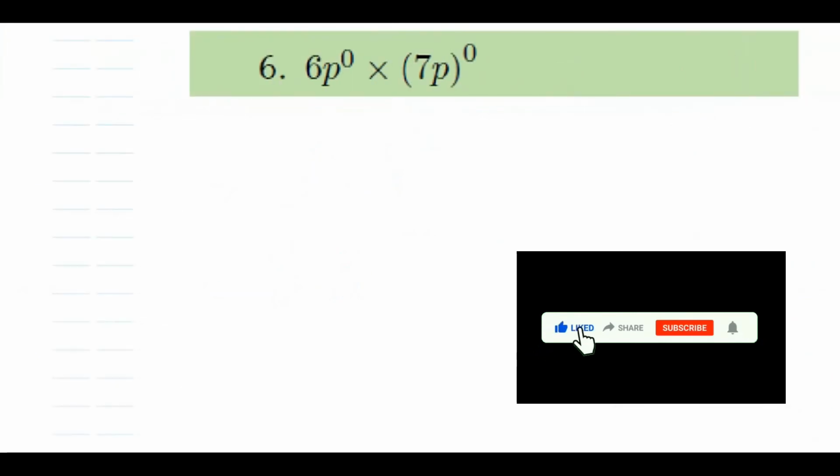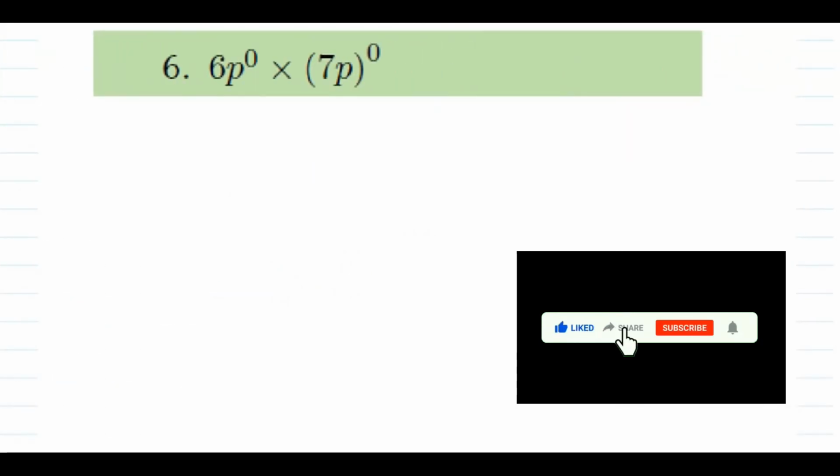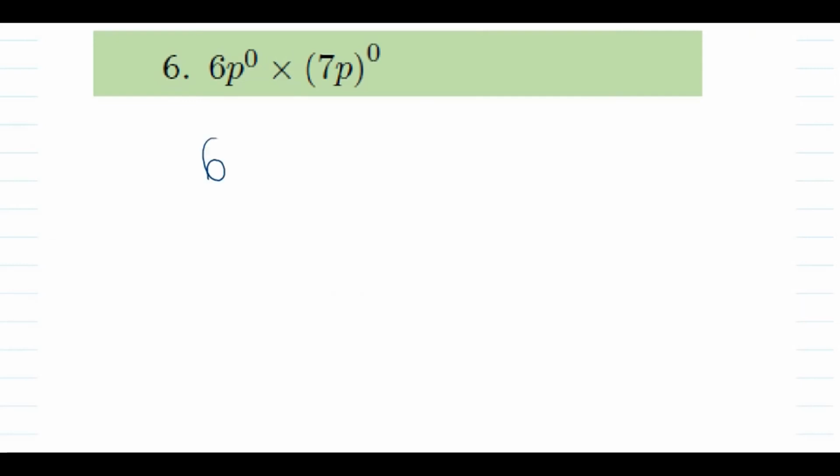Number 6, okay, we've got 6p to the power of 0 multiplied by 7p all raised to the power of 0. What does this mean? Anything to the power of 0 is 1, multiplied by, we need to put everything that's within this bracket needs to be raised to the power of 0, right?